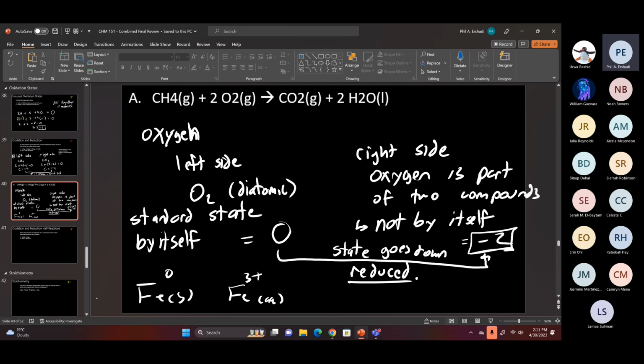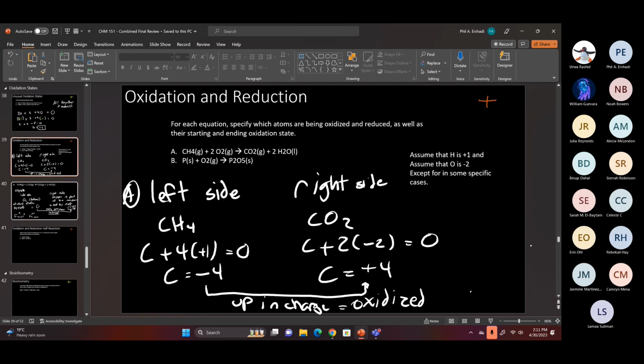An element that does have a charge written, you use the charge they give you. All right. Is that a little bit better? All right.